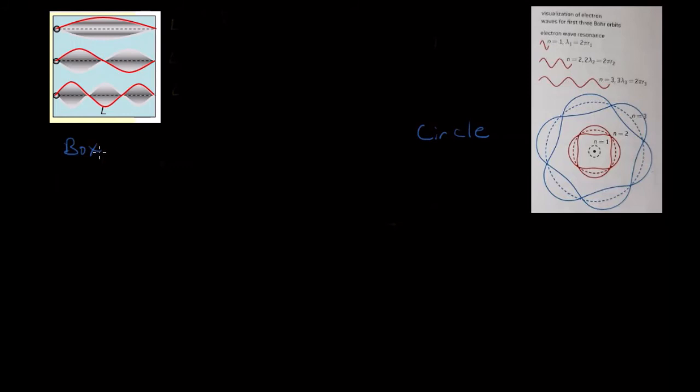When he looked at it as a box, he looked at it as a one-dimensional box. This is where quantum mechanics starts getting really weird for me: how do you make a one-dimensional box? I thought boxes by definition were two-dimensional, but okay, we're just going to go with it. I can't really explain it myself. Okay, but let's go back.